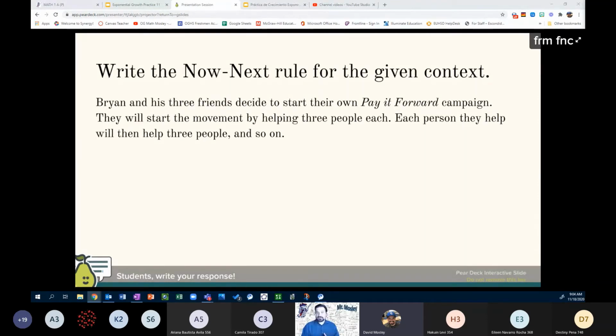The start value is not 1. We're starting with more than one person. This is a now next rule, so there is no y equals present in this.